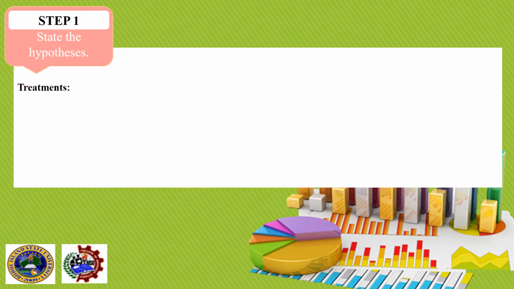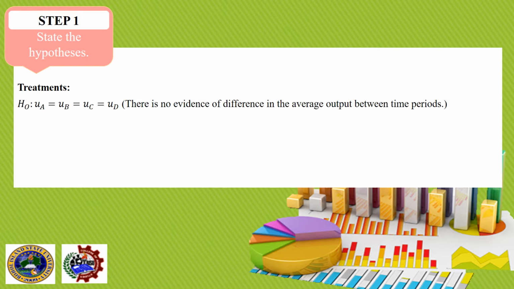In the randomized block design, we have to consider 2 hypotheses, one for the treatment and one for the blocks. For the treatments, the null hypothesis is this one: mu sub A is equal to mu sub B equal to mu sub C and equal to mu sub D. Or in other words, there is no evidence of difference in the average output between the time periods.